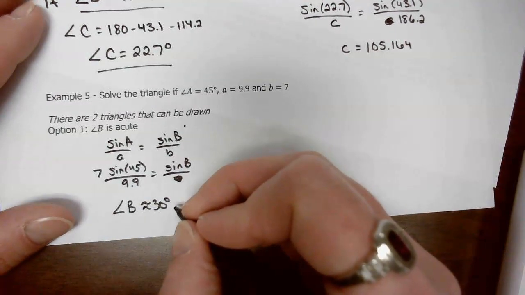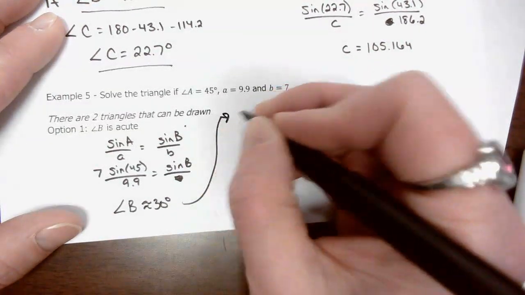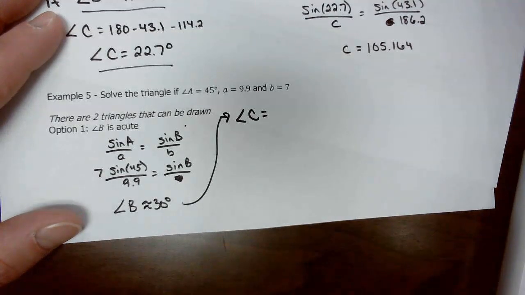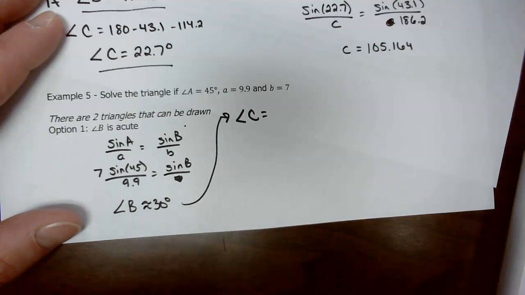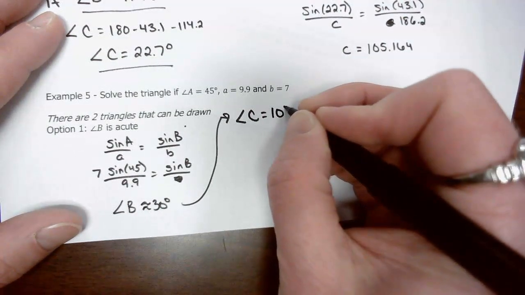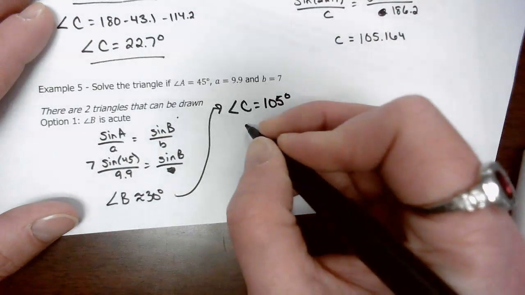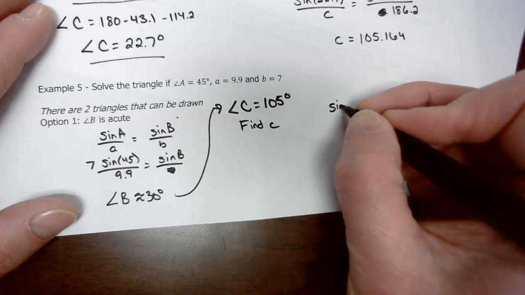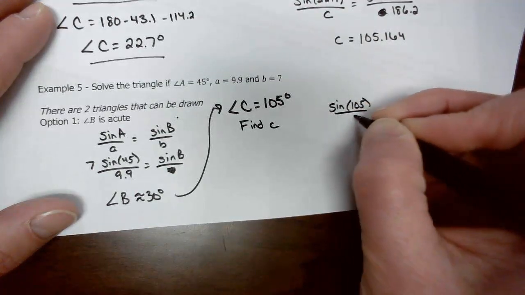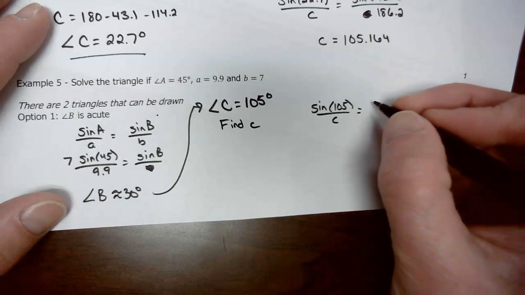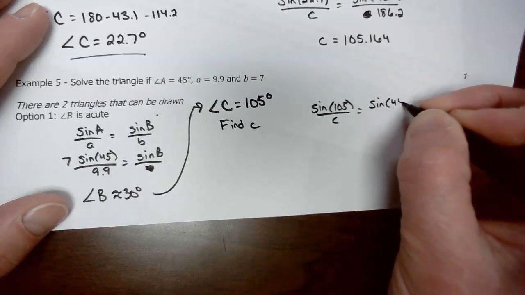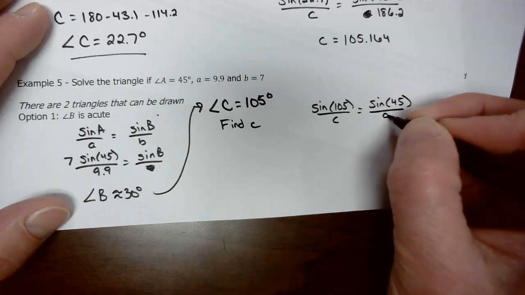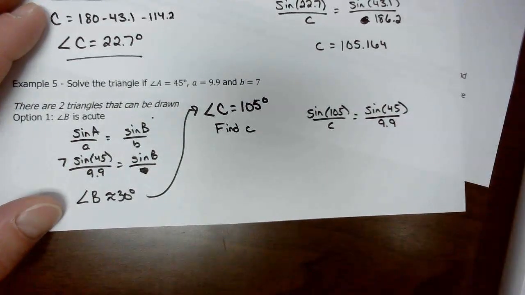Now, if we use this angle B, then our angle C would be 180 minus 30 minus 45. It would be 105. Then we would find side c. So I would do sine of 105 divided by little c. I think I would use angle A and little a and do my cross multiplying.